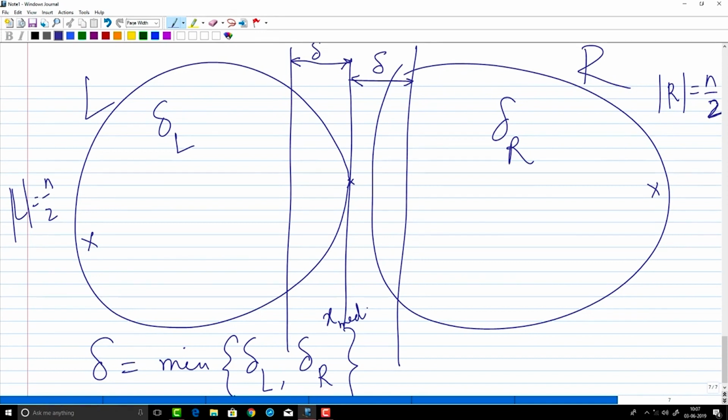Agreed? So, if there is a point, for example, here and a point here, they are not going to disturb my closest pair. Now, it might so happen all the points lie there, or even a constant fraction of n points lie there.